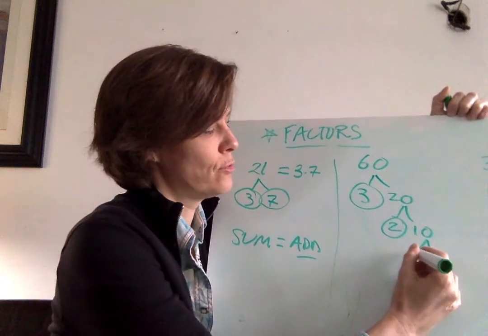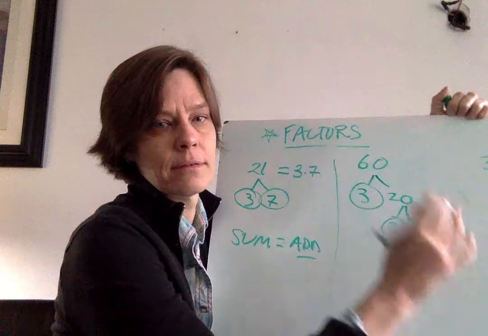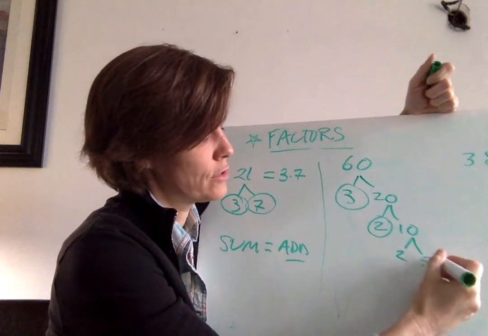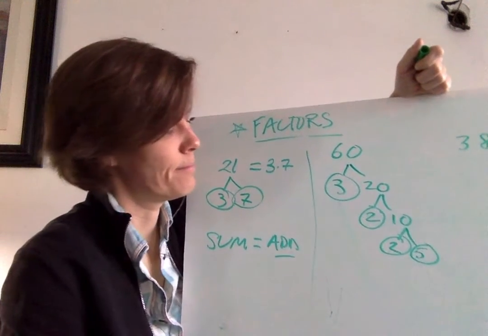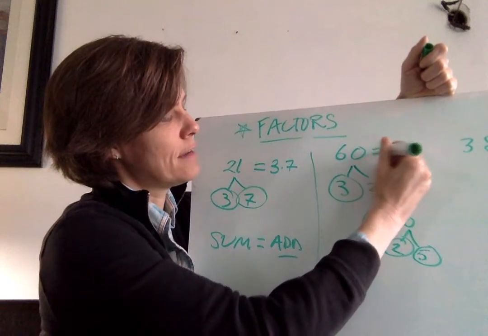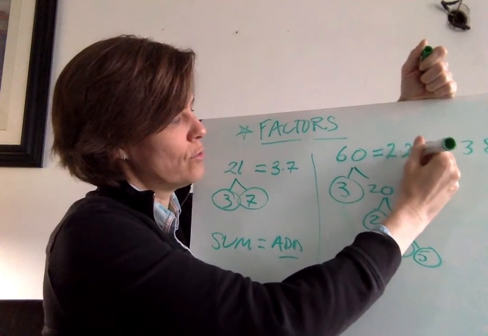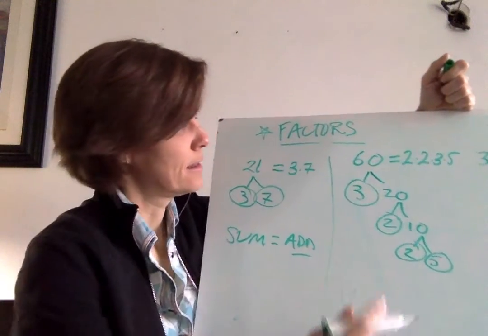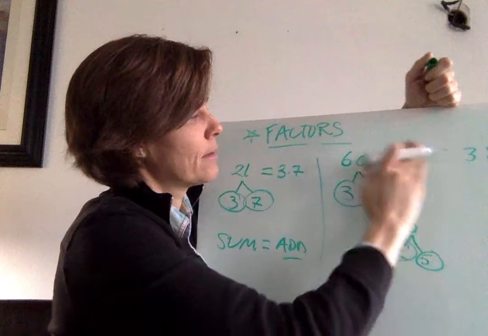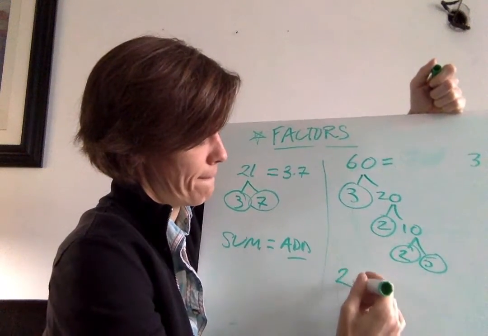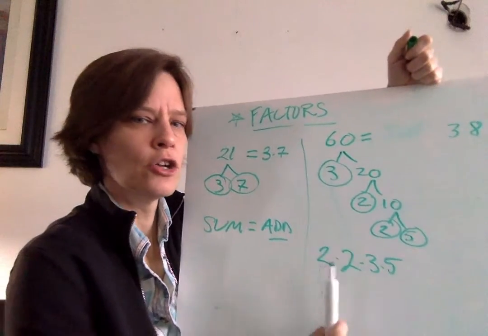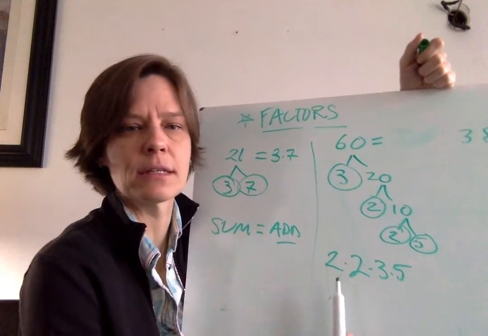If you divide it by 2, which you can, what do you get? 5 each. 5 is prime. So 60 is 2 times 2 times 3 times 5. That's the unique prime factorization. No matter what order you do this, it's going to be 60.